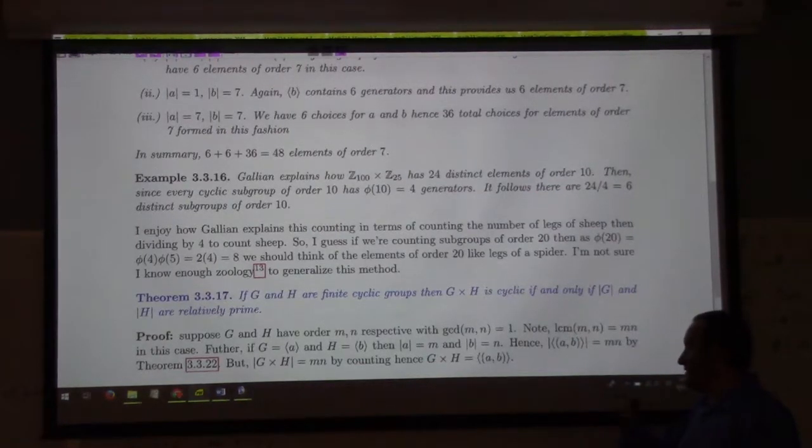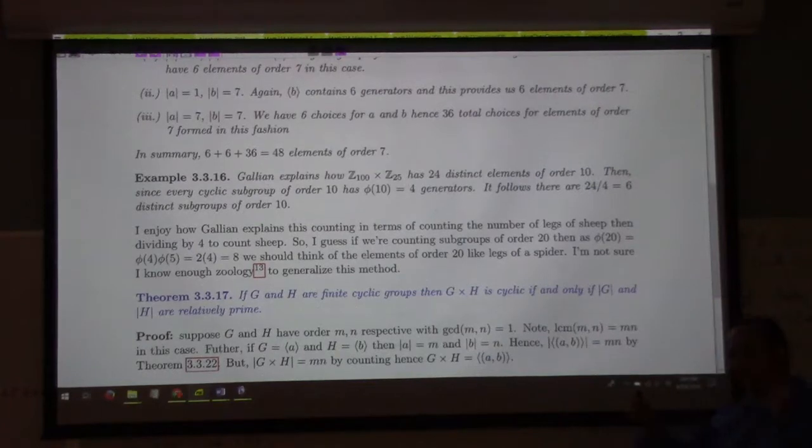So that means that a subgroup of order 10 has 4 possible generators, right? So if I've got a total of 24, that means I've got 24 divided by 4, I got 6 subgroups of order 10. Each subgroup comes with 4 generators. So if I got 24 total generators, that means I got 6 subgroups, right?